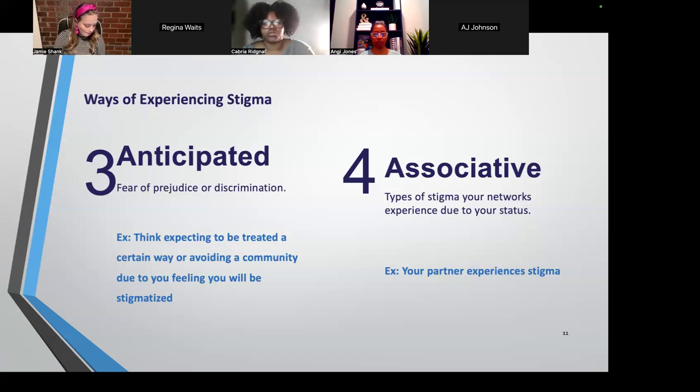And so now we've summed up all of the different ways that we can experience stigma, and there might be others, which I'm always open to that conversation. And so now that I've given you some basic definitions, we can use those to transition into our lenses activity.